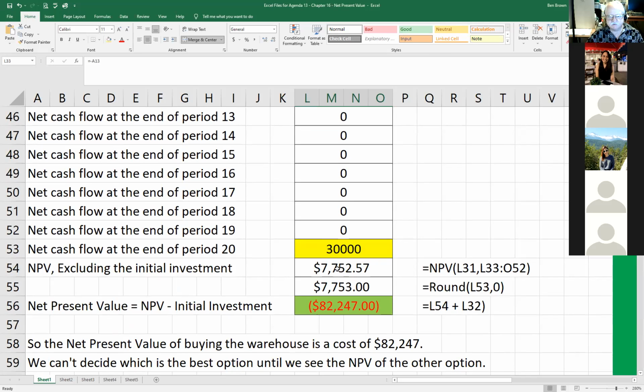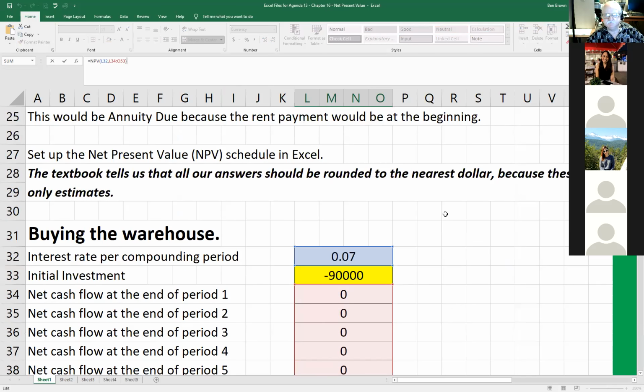And then in this cell here, I've typed over here what we're actually doing. The command is, sensibly enough, NPV for net present value. And then the first item here is the interest rate.